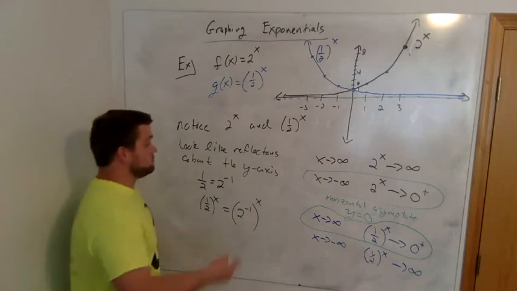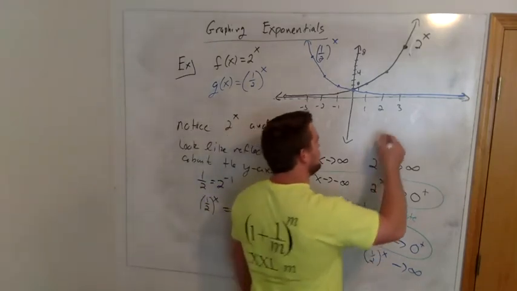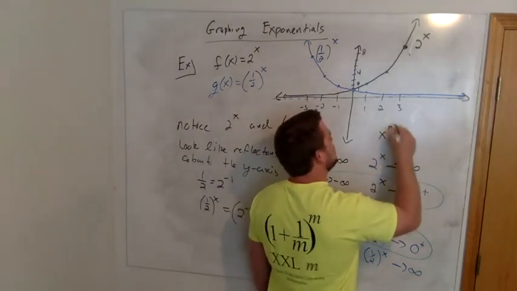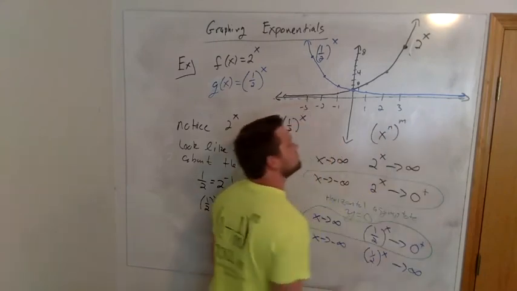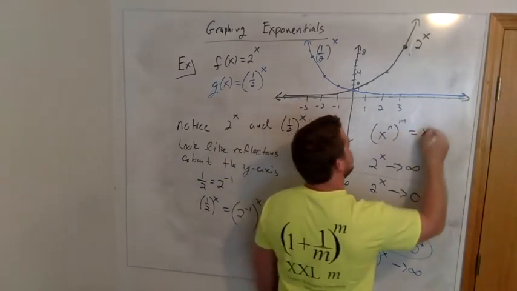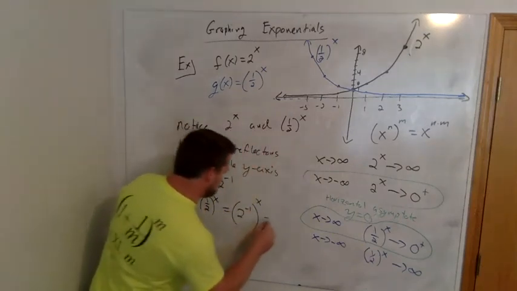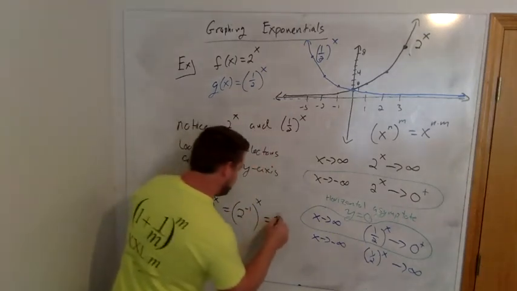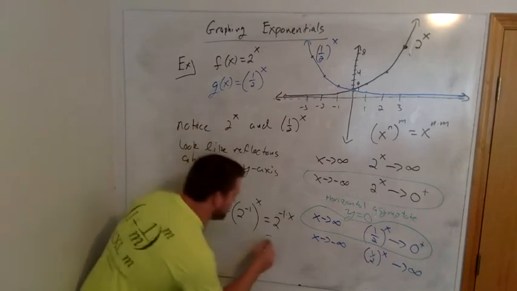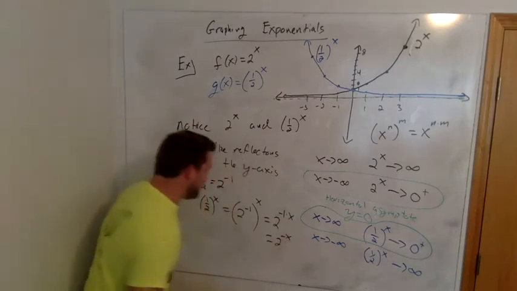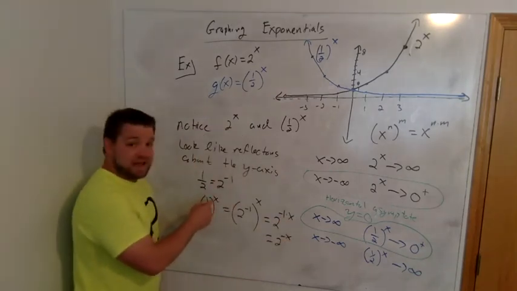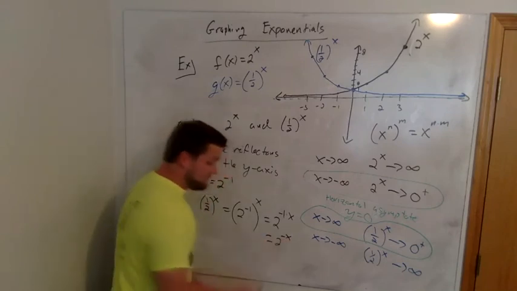And we should remember an exponent rule: whenever we have x to the n to the m, this is the same as x to the n times m. So these multiply together, and this is 2 to the negative 1 times x, or just 2 to the negative x. So 1/2 to the x is the same as 2 to the negative x.